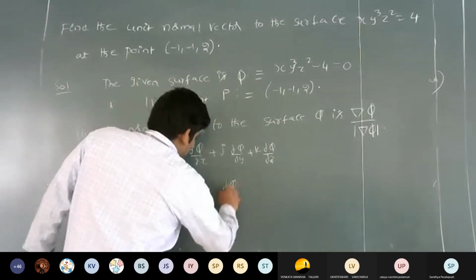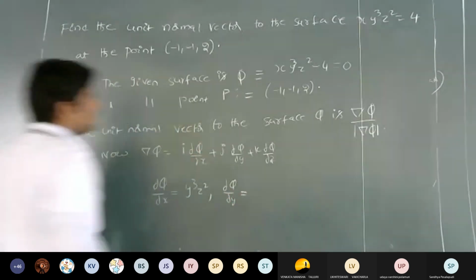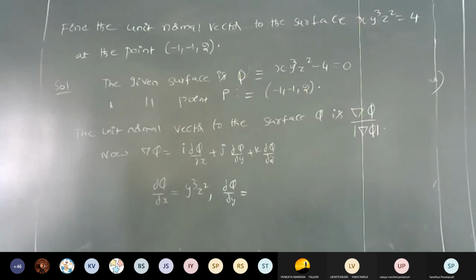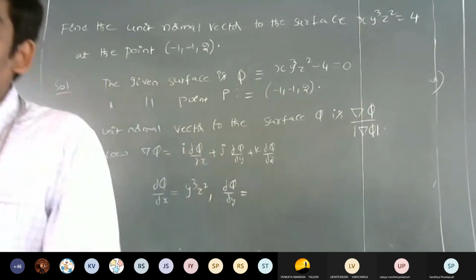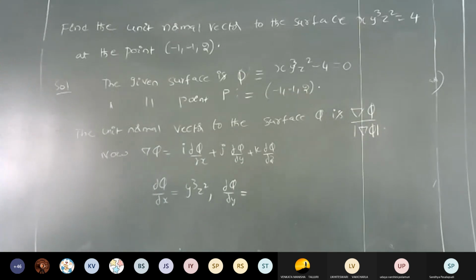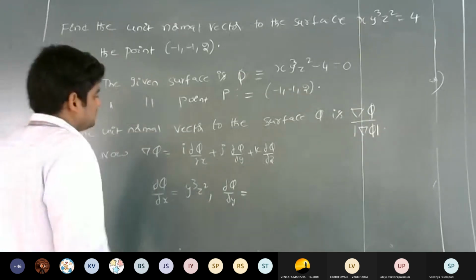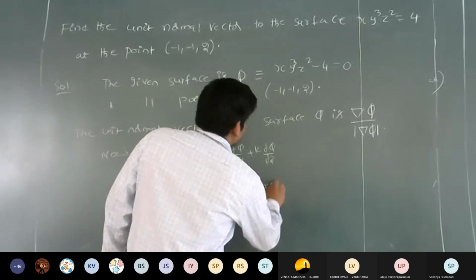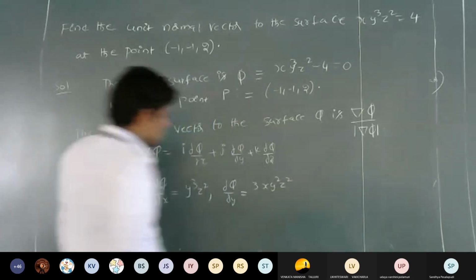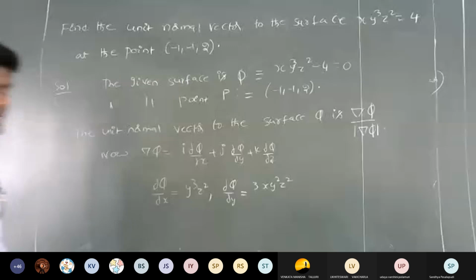Next, what is the value of dou phi by dou y? Tanvir, what is the value of dou phi by dou y? 3x y square z square.